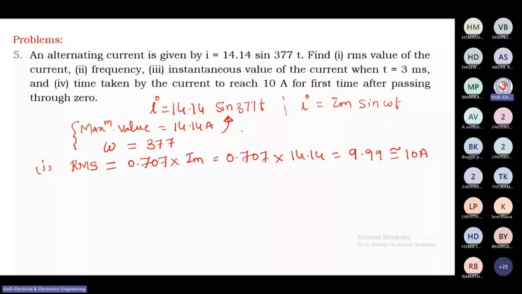Second one is frequency. So same again, f is equals to omega by 2 pi, because omega is equals to 2 pi f. So now 377 divided by 2 into 3.14. So how much is this? How much is the value?